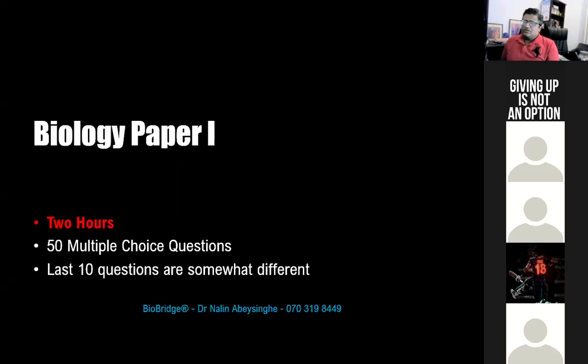Okay. So you'll be getting two papers. Biology paper 1, which is allocated 2 hours, and there are 50 multiple choice questions in there. And you can see the questions 1 to 40 will be in one format, and 41 to 50 will be in a slightly different format, where you'd have more than one option, but you have to mark one answer.